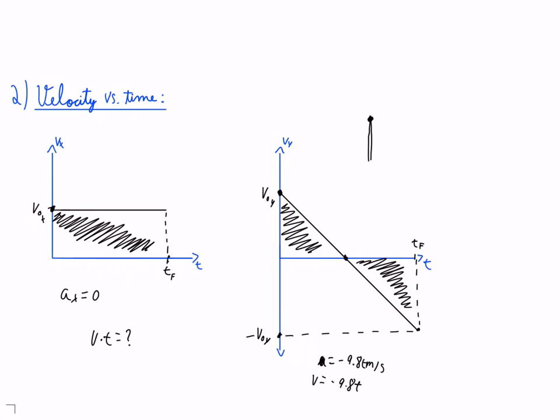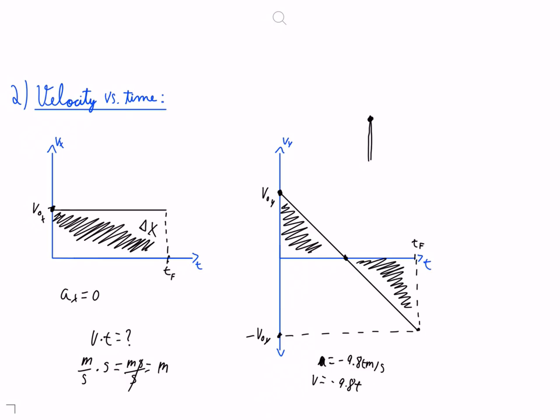Let's analyze this for a second. Velocity is in meters per second. Time is in seconds. Multiply those two, you get meters per second times seconds, cross that out, so you just get meters. So if you were to find the area under this graph by multiplying the height, v0, by the time t final, you actually get displacement in the x direction.